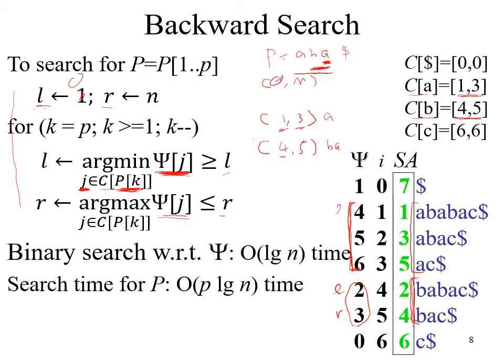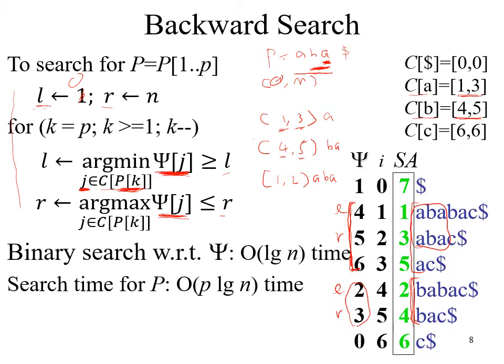So L is here, and for R, find the maximum j such that psi j is smaller than or equal to 5. So R is here, okay? Because 6 is greater than 5. So finally we get 1 and 2. So this is the lexicographic order range of ABA. So we get this one. Okay?